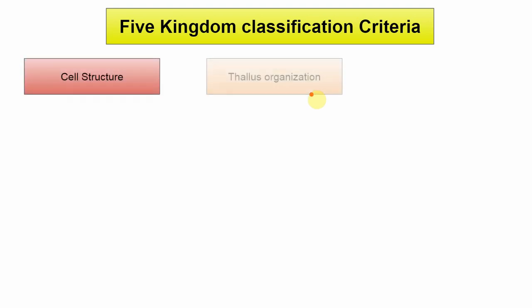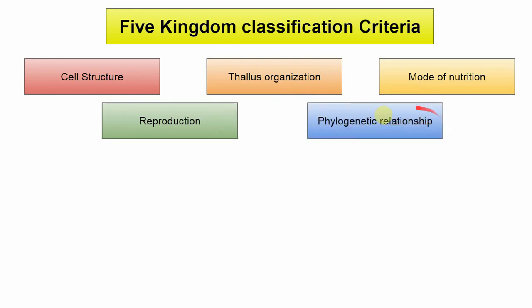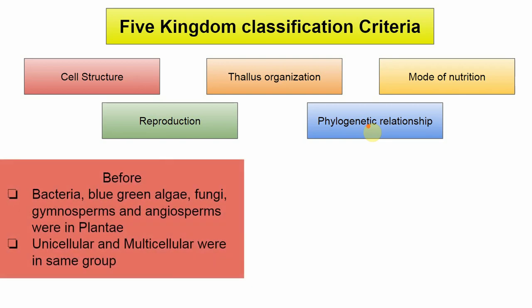So what were the criteria that were considered for the five kingdom classification? In fact, cell structure, thallus organization, mode of nutrition, reproduction and phylogenetic relationships were considered. Prior to the five kingdom classification, bacteria, blue-green algae, fungi, gymnosperms and angiosperms were actually put into Plantae, because all of them had a cell wall.